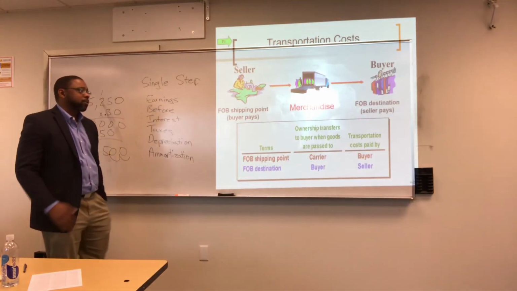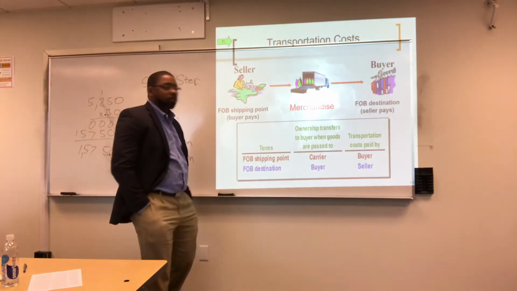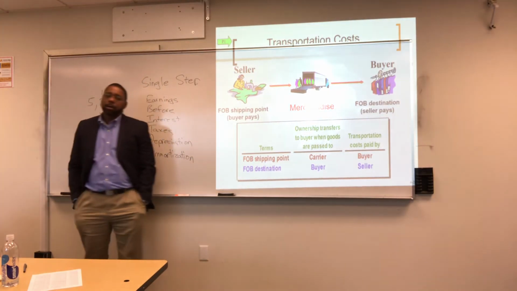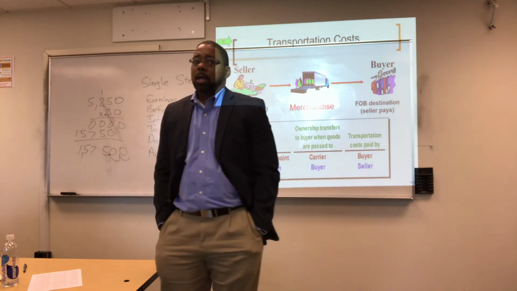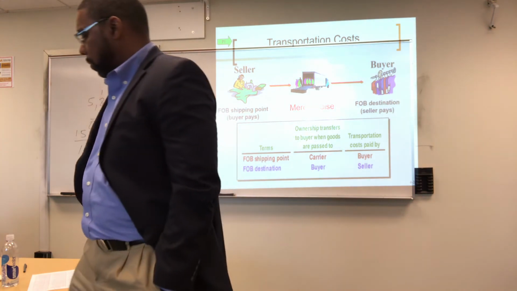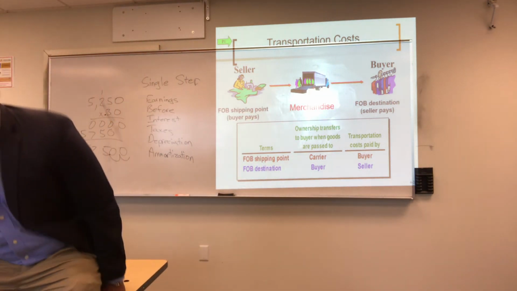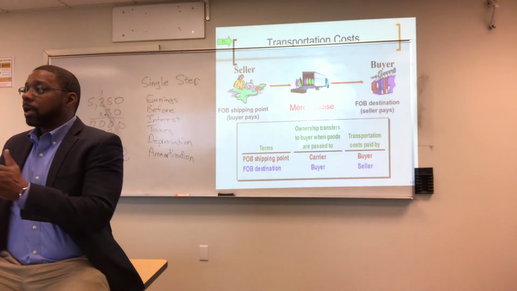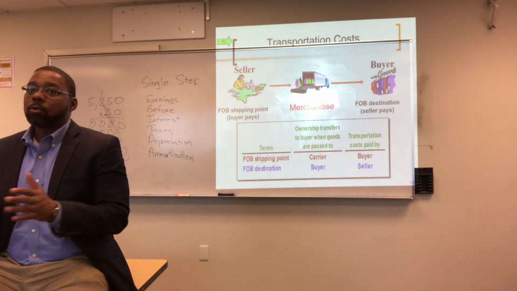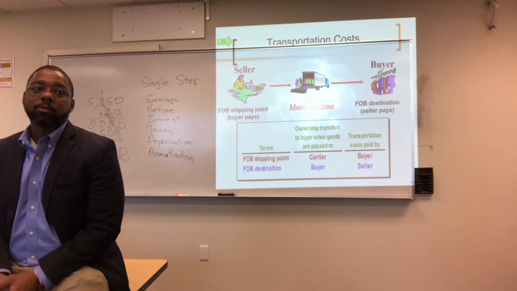Next, we're going to talk about transportation costs. This might be where I'm going to stop, but transportation costs, this is going to be the first place where we discuss words changing a calculation.